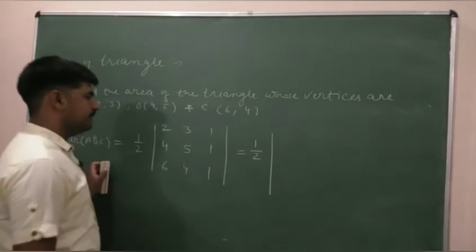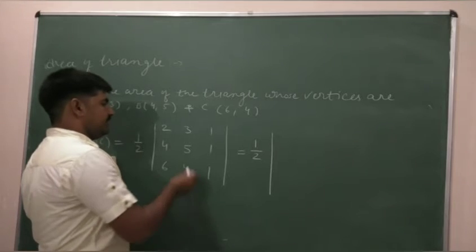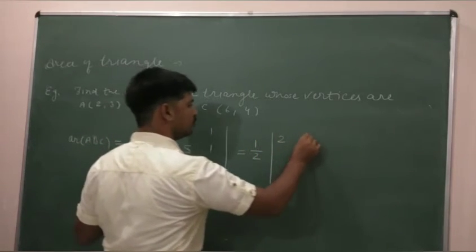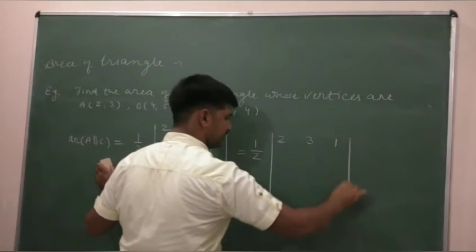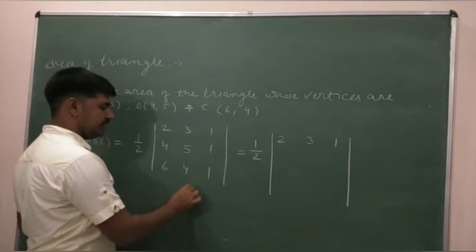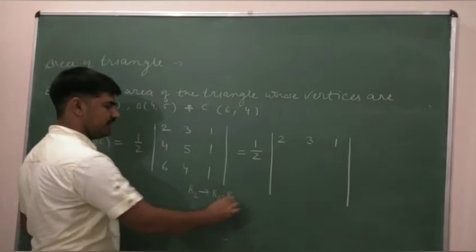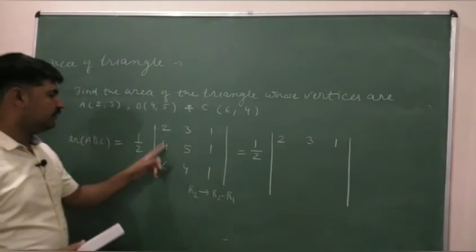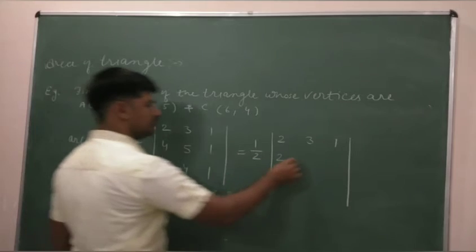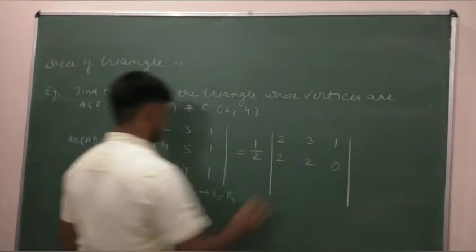Now see, dear students, I write this R1 as 2, 3, 1 only, and I use a property here, R2 minus R1, then 4 minus 2 is equal to 2, 5 minus 3 is equal to 2, and 1 minus 1 is equal to 0.